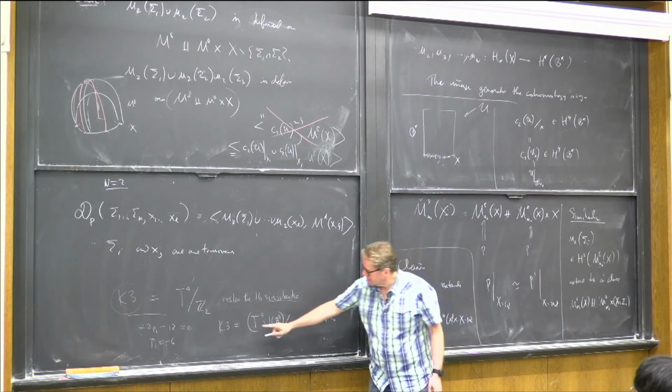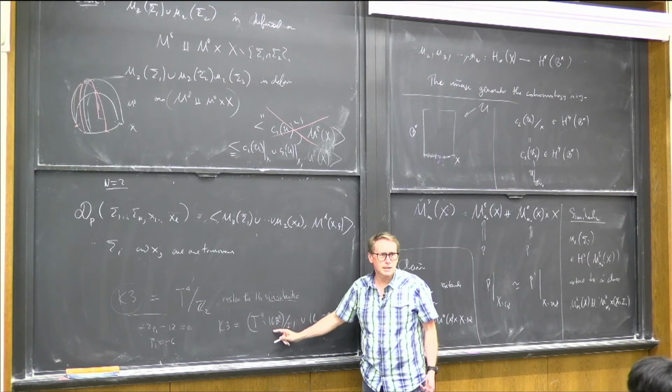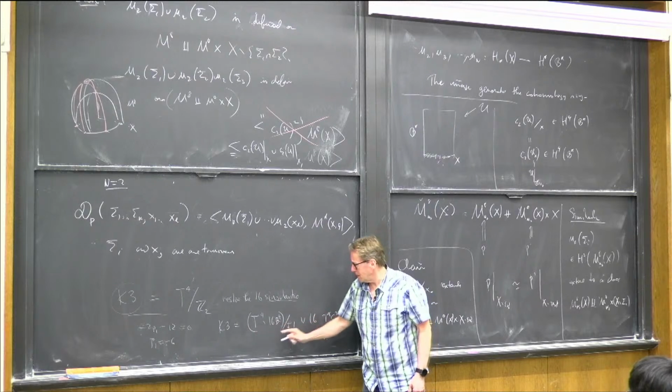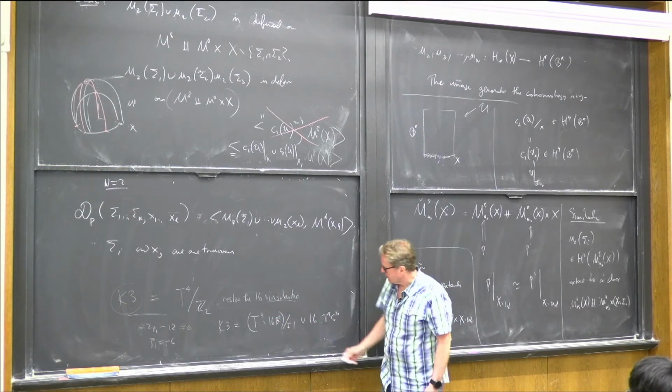I take neighborhoods of the 16 fixed points. This is kind of a nice concrete picture of K3.